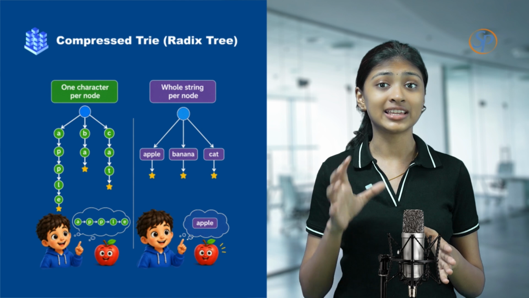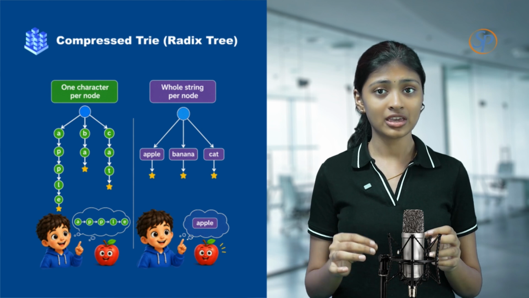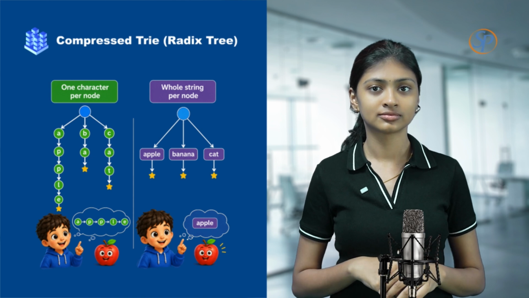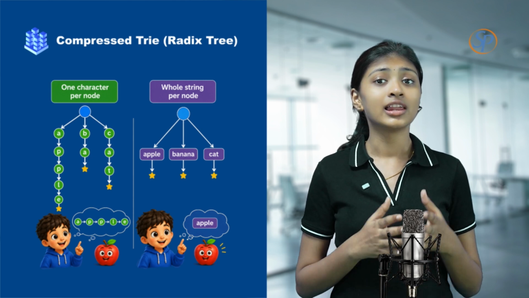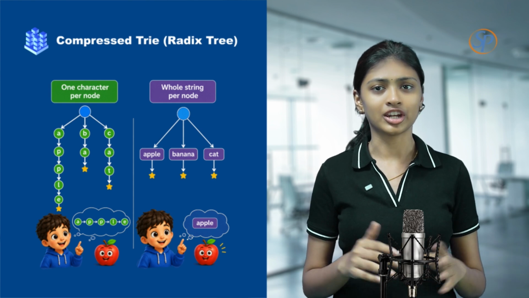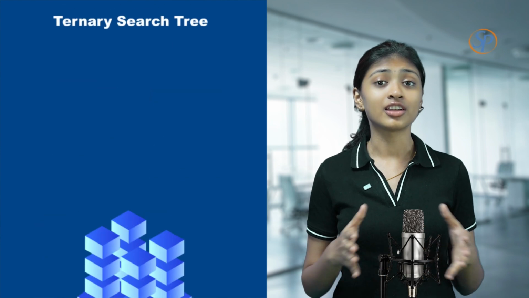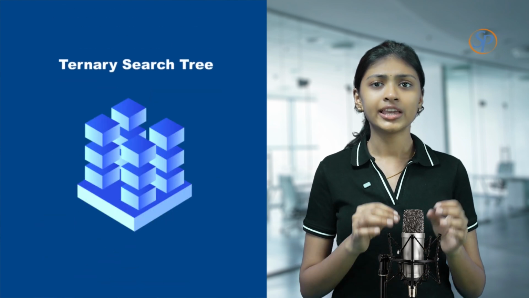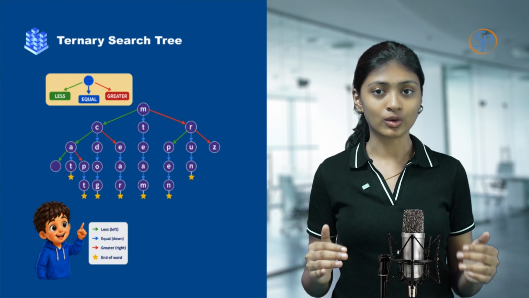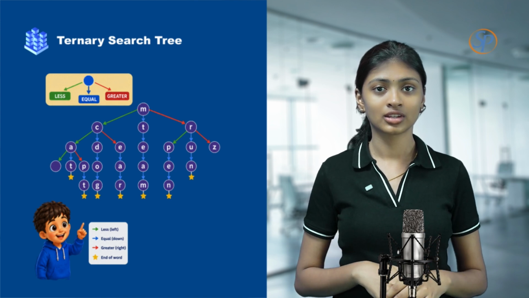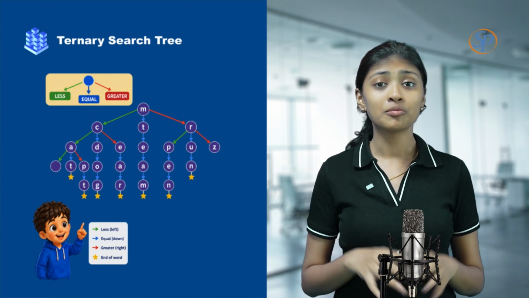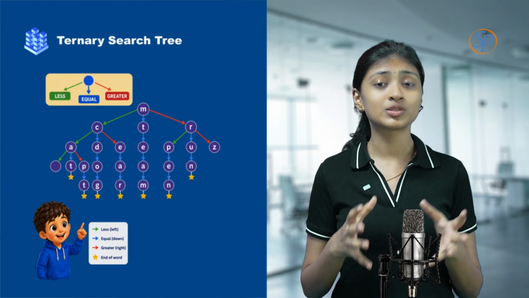Example, instead of writing A, P, P, L, E, we store apple directly. Benefit, less memory and faster traversal. Now another variation, ternary search tree. Each node has 3 children: less, equal, greater. Example, like a BST plus trie hybrid. Benefit of using this is it is more space efficient.